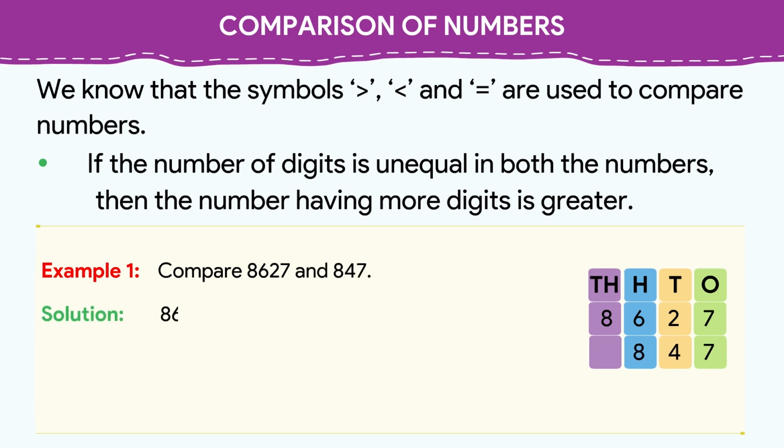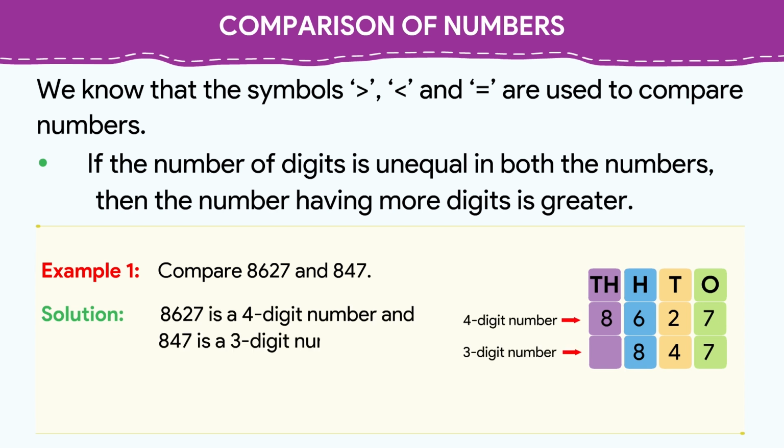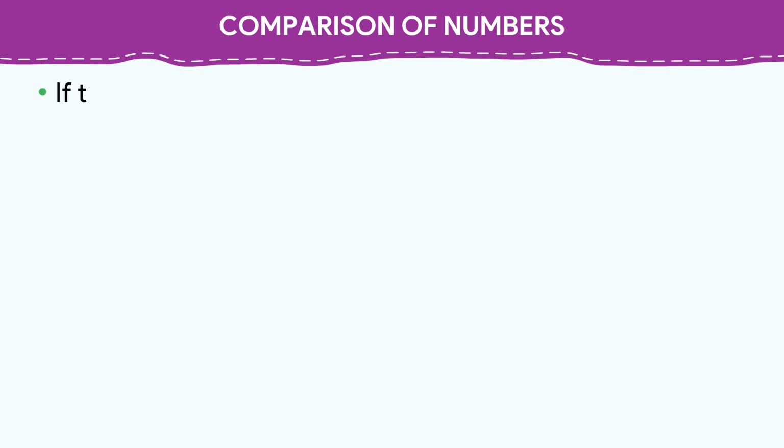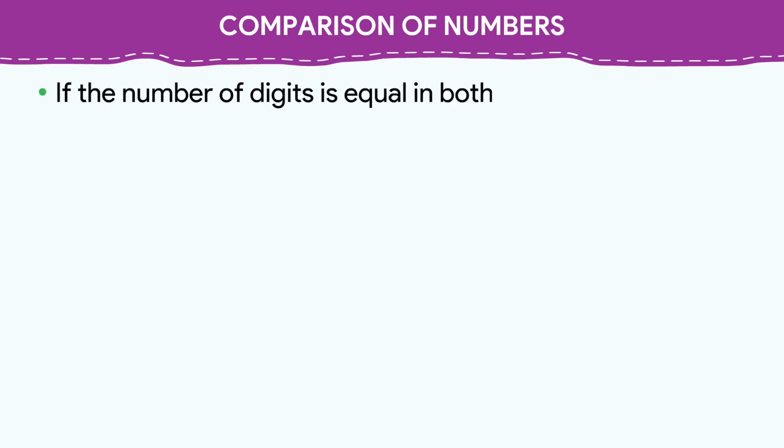Solution: 8627 is a 4-digit number and 847 is a 3-digit number. So, 8627 greater than 847.